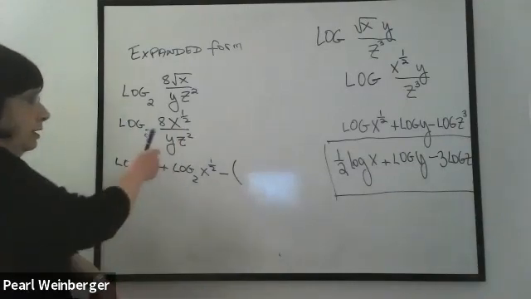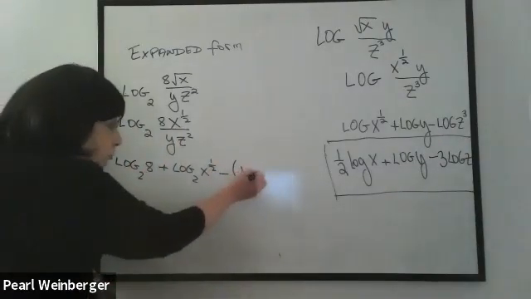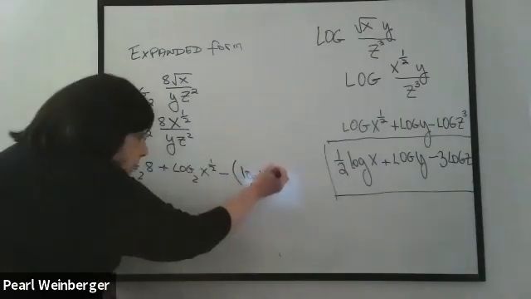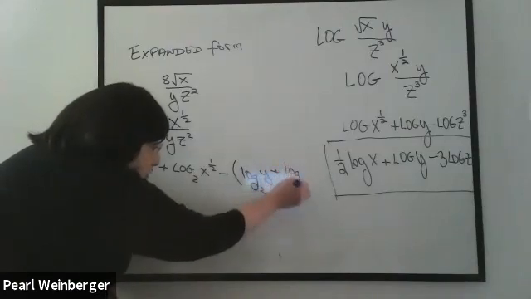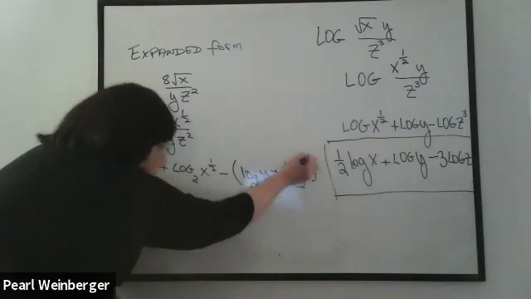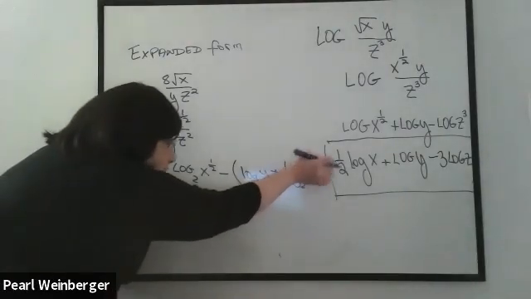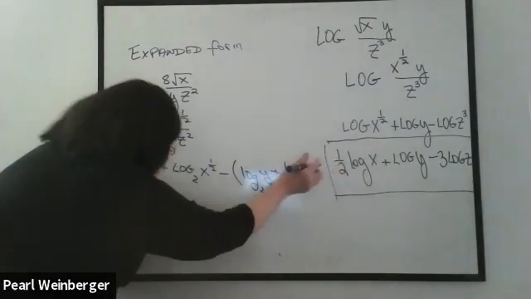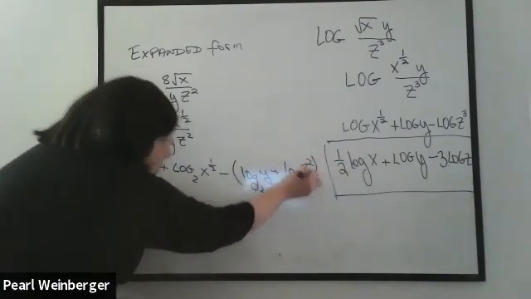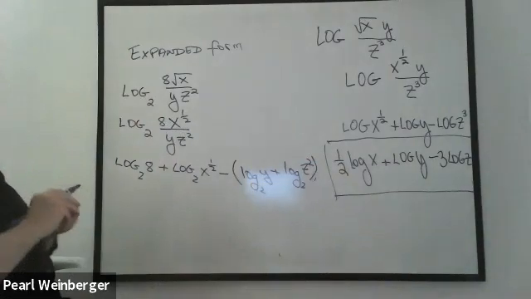So it's going to be the log base 2 of y plus the log base 2 of z squared, I'm sorry, I have to include all the exponents.